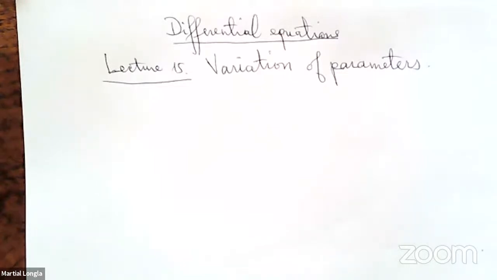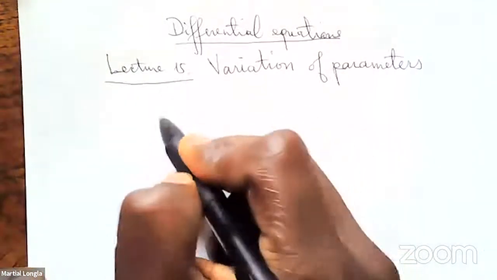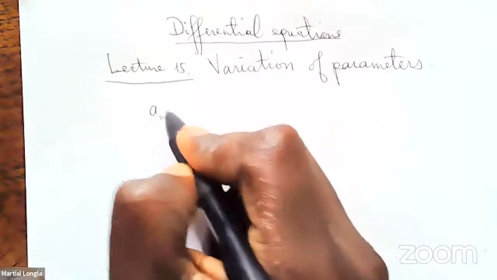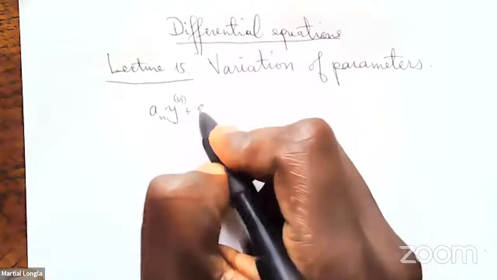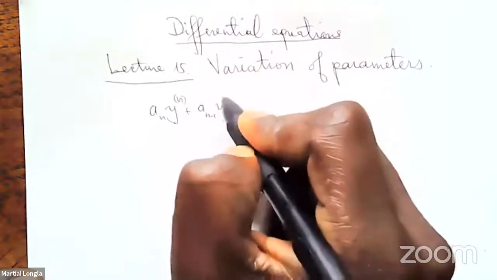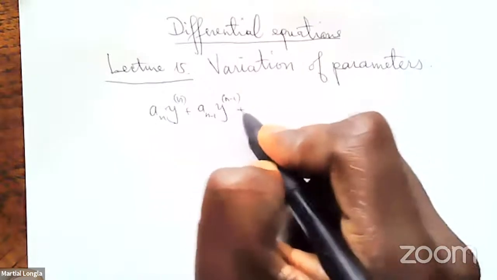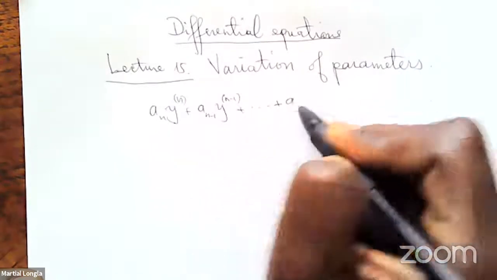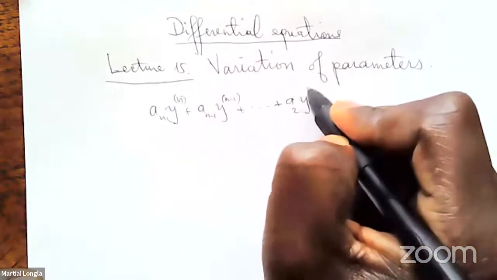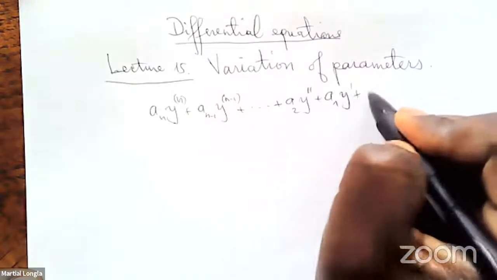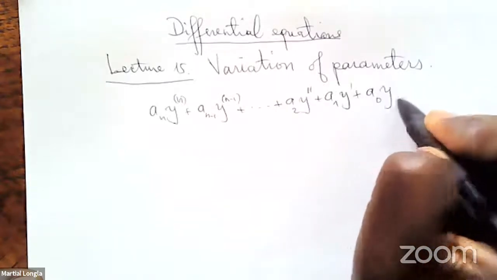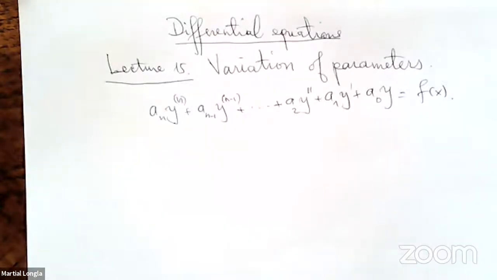So we still have an equation of the kind a_n y^(n) + a_{n-1} y^(n-1) + ... + a_2 y'' + a_1 y' + a_0 y = f(x), where a_0 up to a_n are all constants.